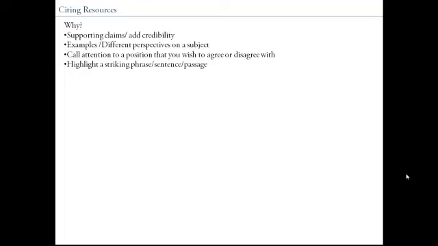Sometimes you can also quote, like if you want to highlight a specific phrase or sentence because it's very important, you can quote those pieces directly. It's like what you did in your Unit 2 essay. You used quotations directly from Sontag because those really lent a lot of weight to what you were saying.